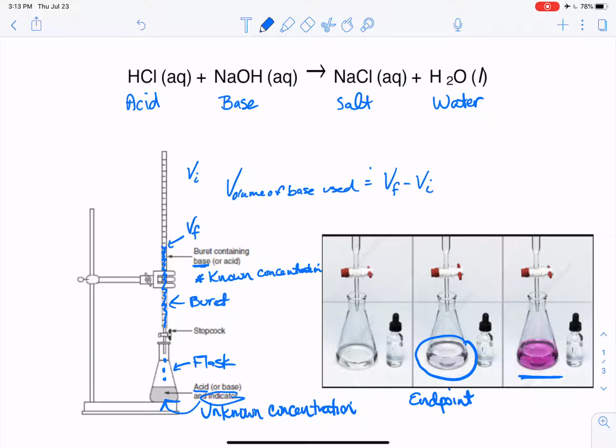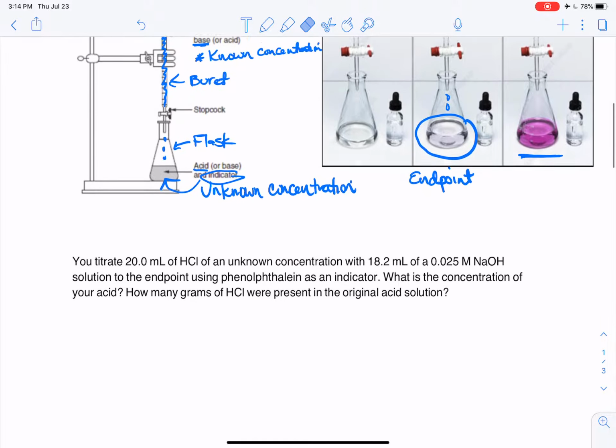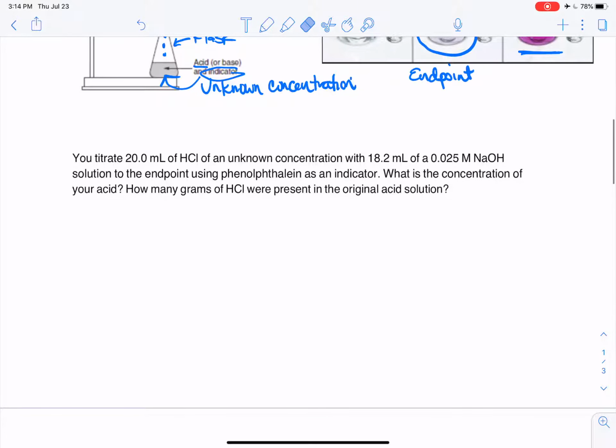If you just have a little bit of base dripping in, you'll see a little bit of pink around where the base is dripping in, and then you swirl it a little bit, and those base molecules find acid molecules and neutralize. And so if we get the slightest shade of pink we've ever seen, that's how we know that we're done with this titration, okay?